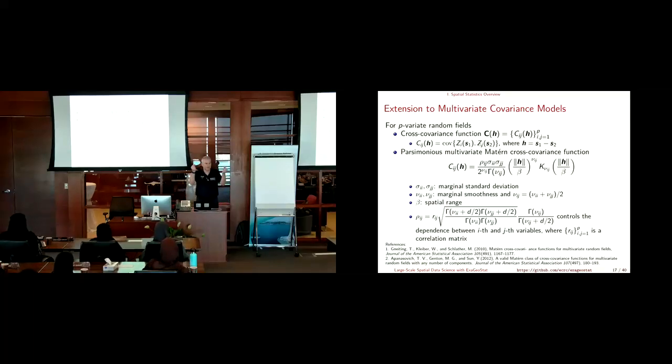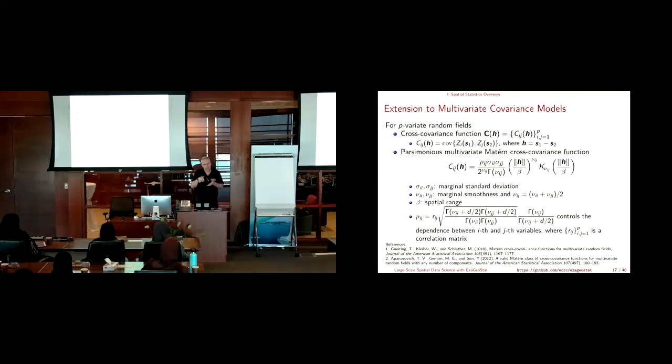So let's say you have two different locations. You have temperature at this location, and you have pressure at that location. You want to know the covariance between temperature and pressure at different locations. Of course, you also want to know the covariance between temperature and pressure at the same location. And you want to know the covariance between temperature and temperature at two different locations, as before.